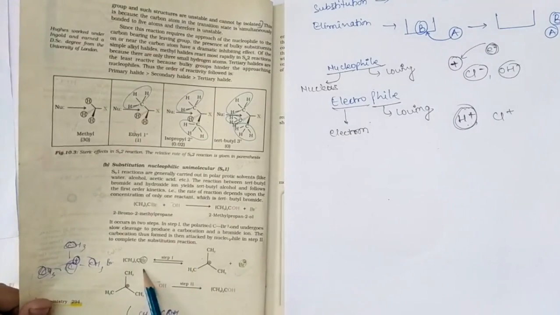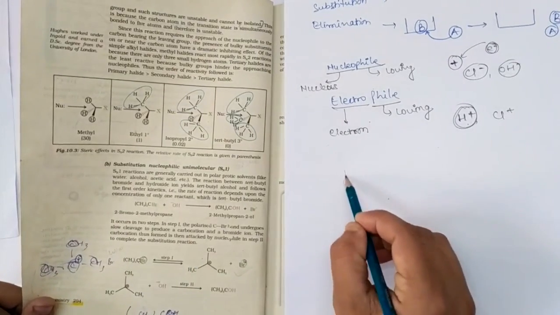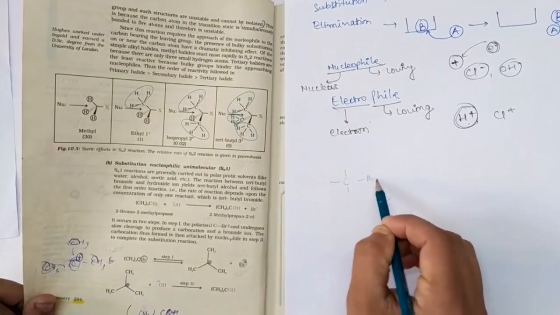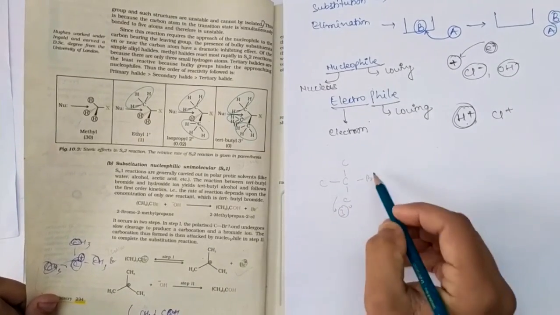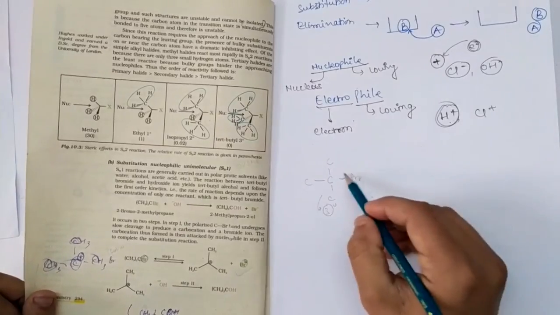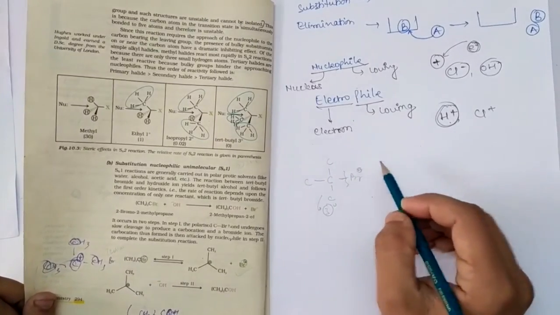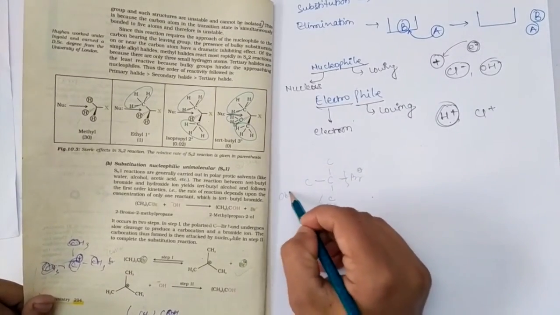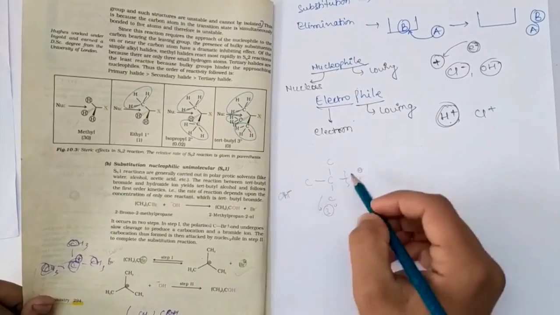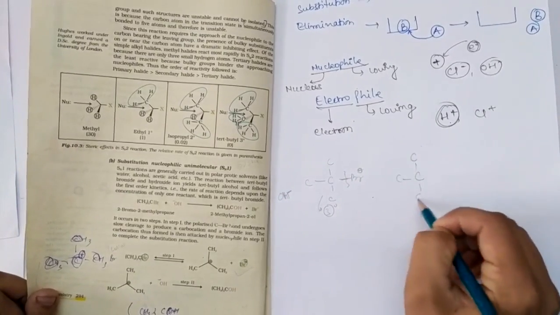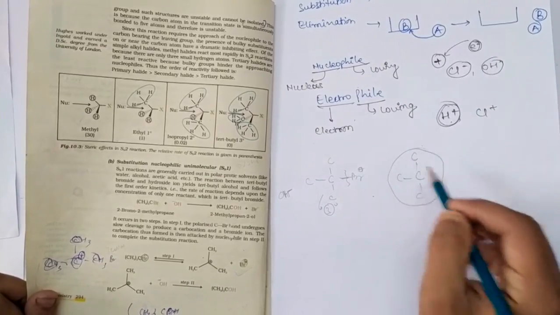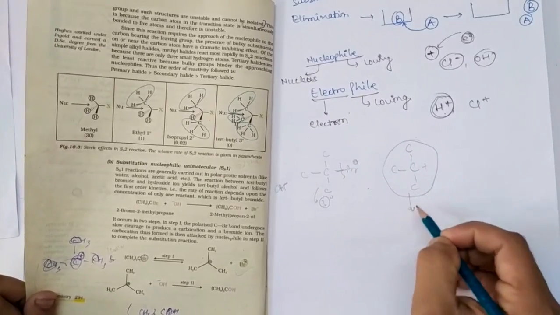In the first step, you can see this compound with bromine and these alkyl groups, so this is a tertiary compound. This bond is going to break as the OH minus approaches, and a carbocation is made in the very first step.